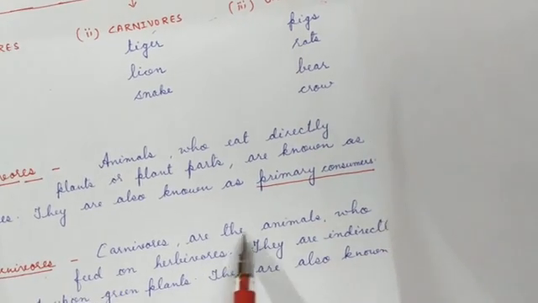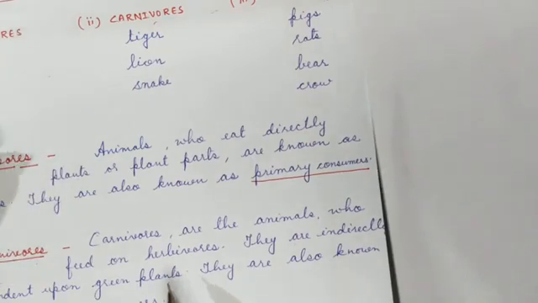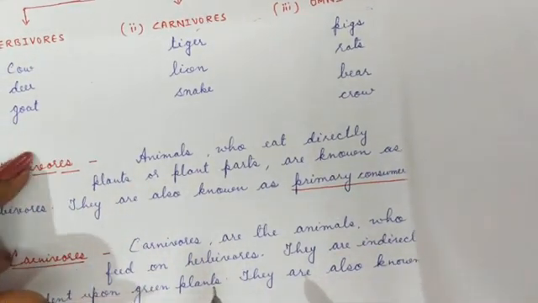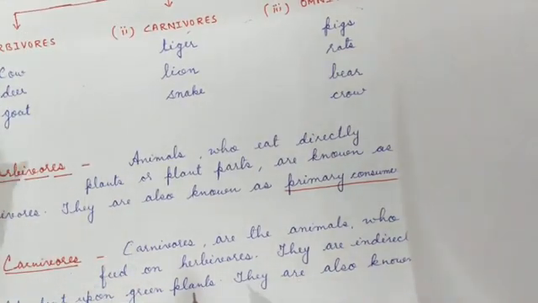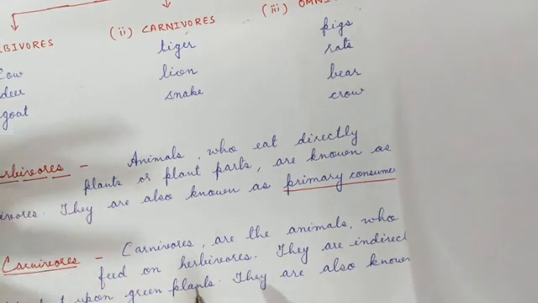Carnivores are those animals who feed on these herbivores. And that means they eat the flesh of other animals. They don't eat the plant parts. They eat the flesh of animals. That means they eat the herbivores.